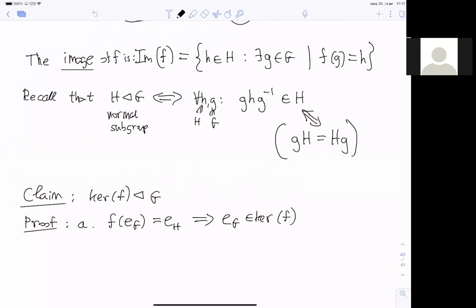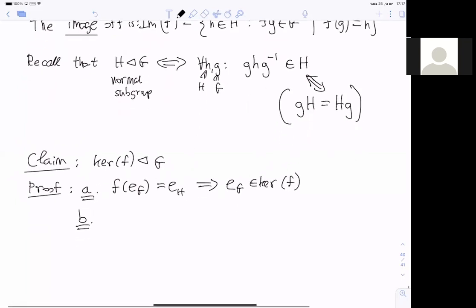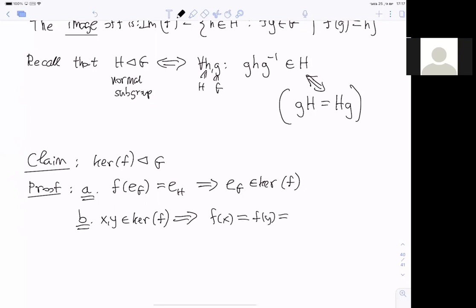This is A. B. If x and y belong to the kernel, it means that f(x) equals f(y) equals e_H.